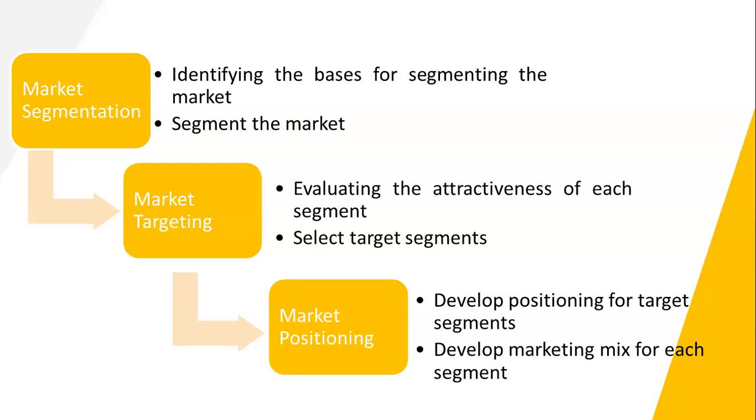Then you evaluate each and every segment and select the most suitable segment of customers for your production. That is targeting. And then you develop your product and you are positioning, or providing, that product to that target set of customers. Okay, is this clear?